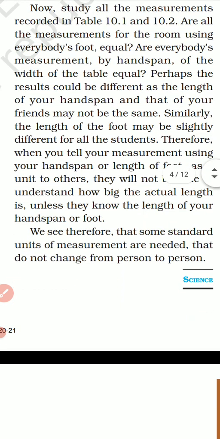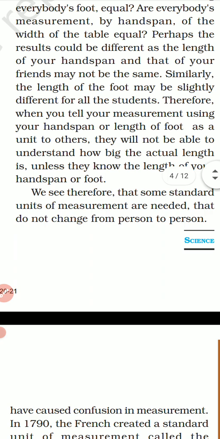Therefore, when you tell your measurement using the hand span or foot length as a unit to others, they will not be able to understand how big the actual length is unless they know the length of your hand span or foot. So we see that standard units of measurement are needed that do not change from person to person.